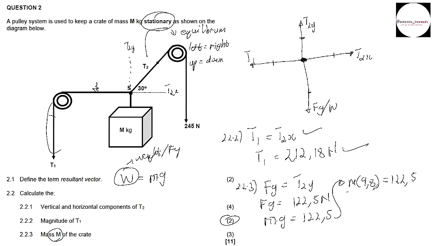Then we divide by 9.8 so that we are left with m, the mass. Our mass is equal to 12.5 kg. And that's how you were supposed to solve this question, for a total of 11 marks.